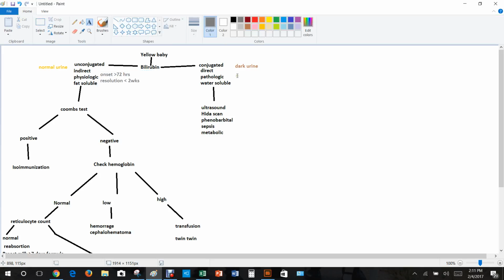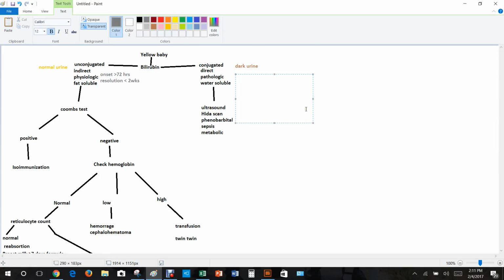And let's look at this other one here. In the instance of conjugated, the onset is usually going to be less than 24 hours, and its resolution is usually going to be over a week, 1 to 2 weeks.